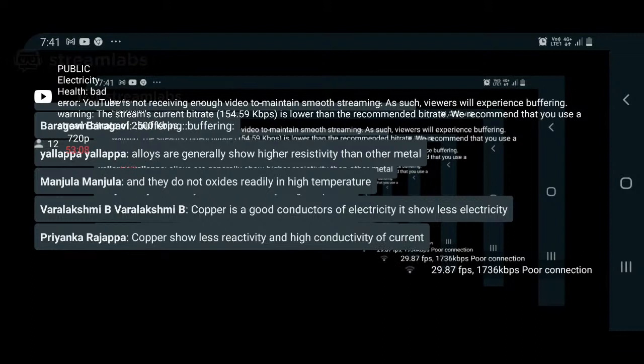Okay, now we'll move on to the next concept. How is the resistance of systems of resistors arranged? Now the resistors can be arranged in series and in parallel. What is the concept between series and parallel?